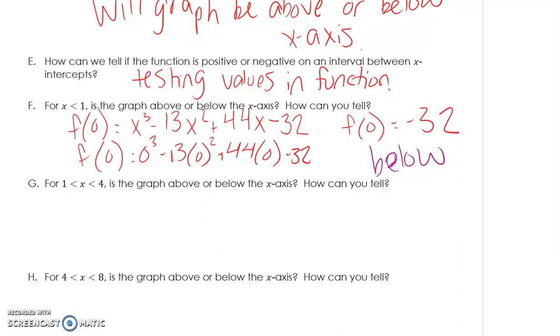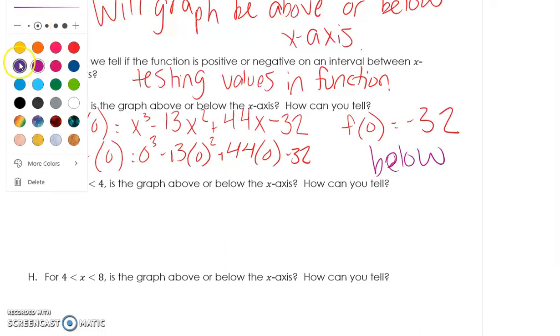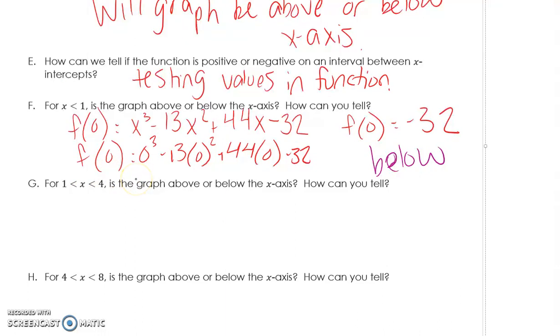Again, we're going to do the same process for all of these intervals. So for the next one here, I'm going to choose the number, let's see, let's try 2. Again, you want to make sure you always put parentheses around when you are substituting in.